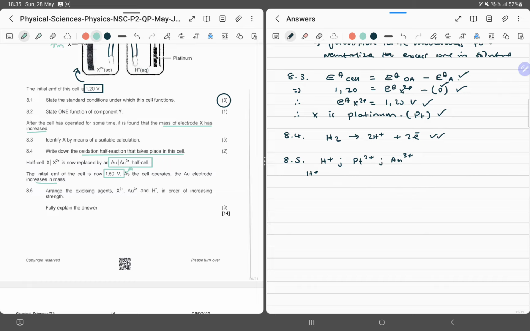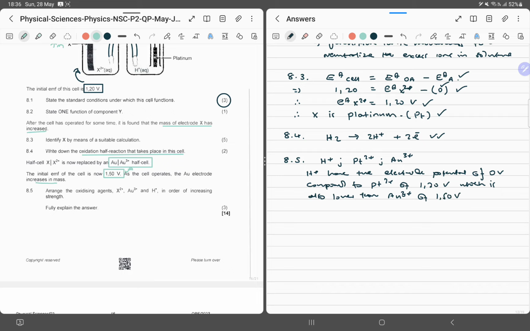Hydrogen plus ions have the electrode potential of 0 volts compared to platinum 2 plus ions of 1,20 volts, which is also lower than the gold ions, 3 plus ions of 1,5 volts.